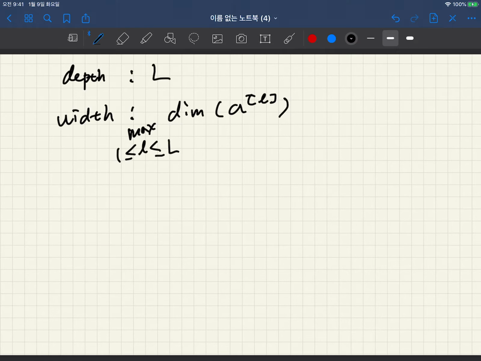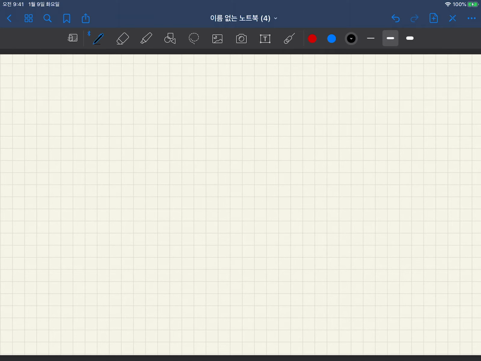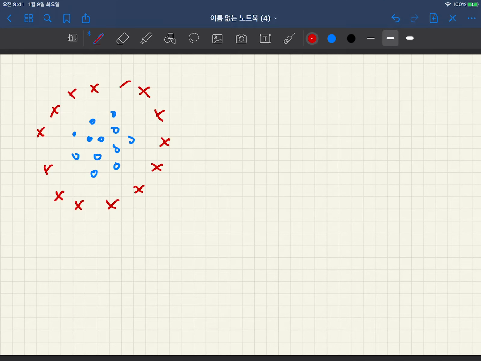Okay, so I will give you a very simple toy example. Let's say the input X is two-dimensional and we collect the data point with blue and red. Blue is class 1 data point and red is class 2 data point. And this two-dimensional space is the input space and the color represents the output label.